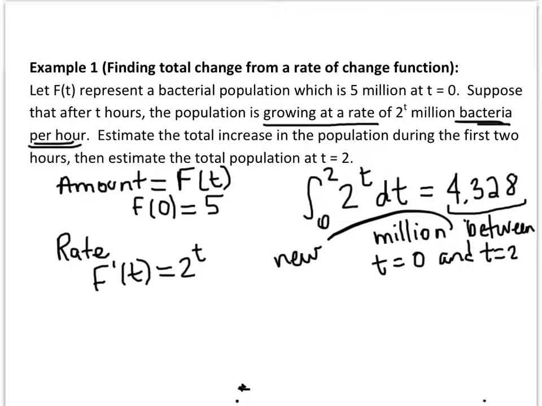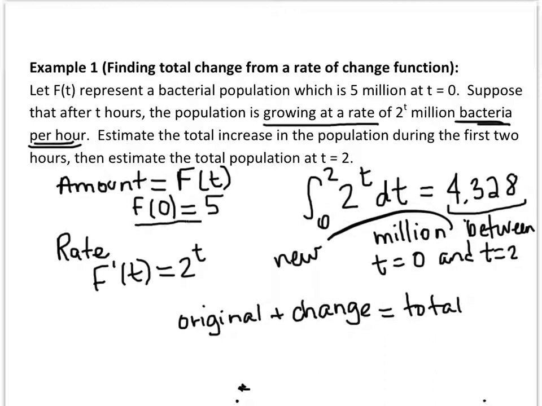Then I'm supposed to estimate the total population at t equals 2. Well, in order to do that, I need to know how much I had to start with. So I need to know my original amount, or how much there was at time 0. I need to know how much change occurred, and that will give me my total. So my original amount, I know F of 0 is 5.